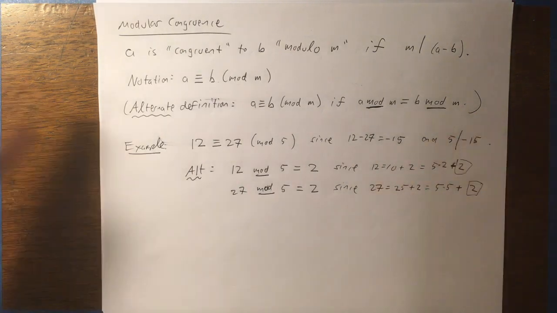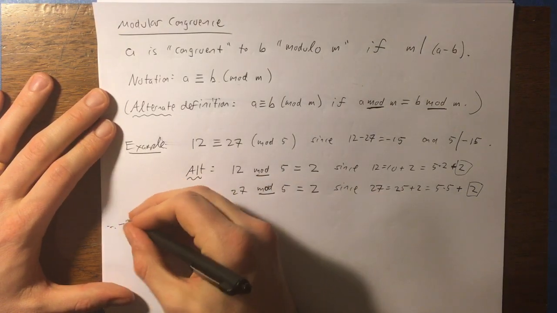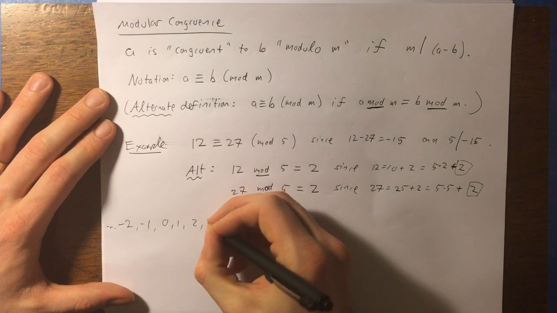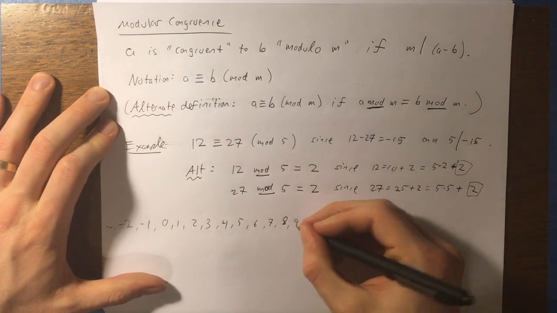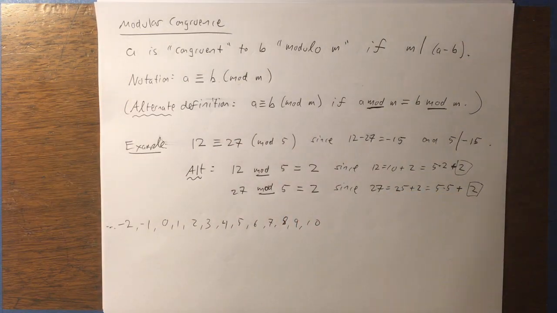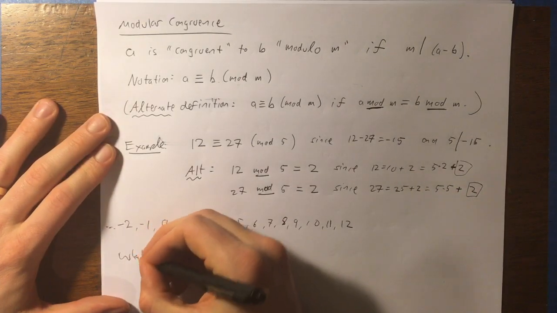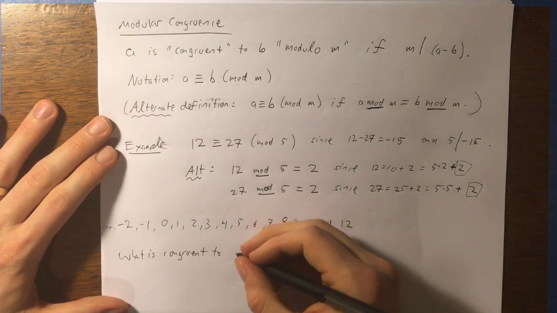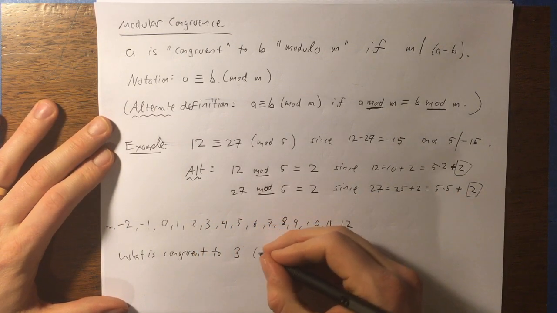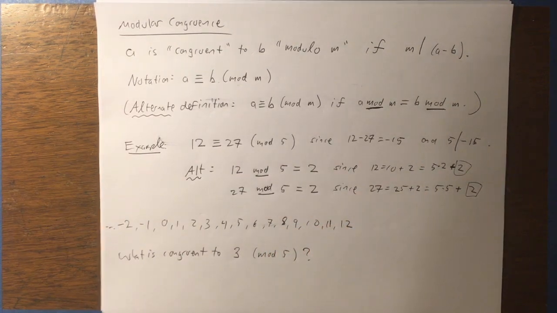What it does is take the entire set of integers: negative 2, negative 1, 0, 1, 2, 3, 4, 5, 6, 7, 8, 9, 10, and a few more. Now, what's congruent to 3 mod 5?